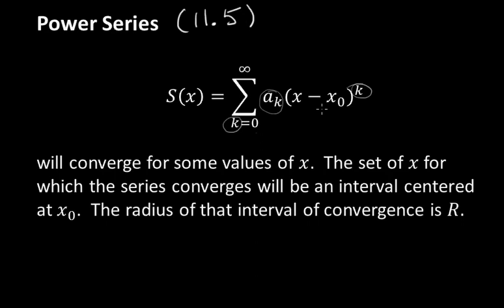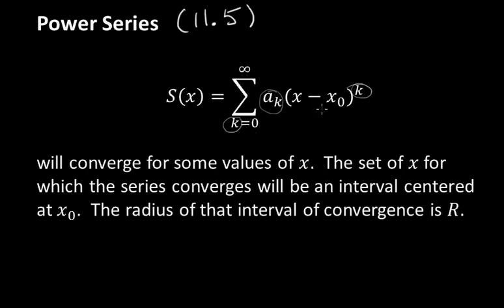These power series will converge for some values of x. At least they'll converge for x equals x naught, won't they? Because you just have 0 plus 0 plus 0 plus 0. Or maybe you would have a sub 0, because the first term would just be a sub 0, and then all the other terms would be 0.